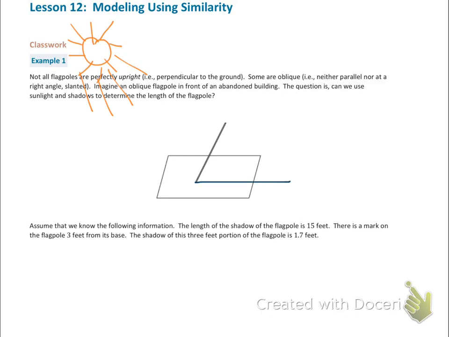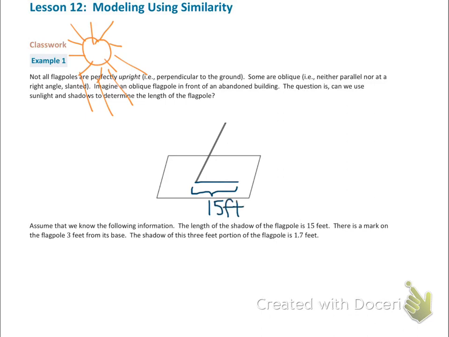So we've got a shadow, not that far probably, but we don't know how far. That's the point. We don't know how tall this is. We do know actually the length of the shadow. The length of our shadow is 15 feet.